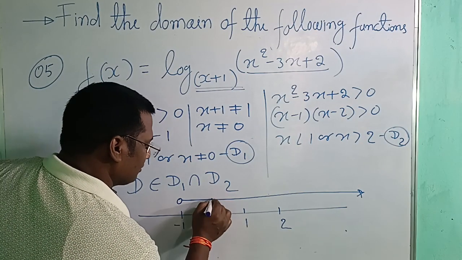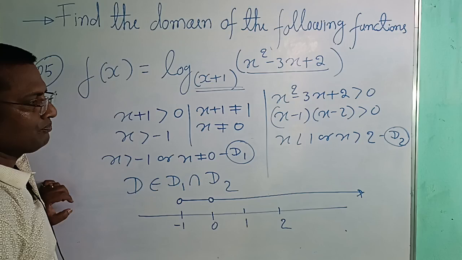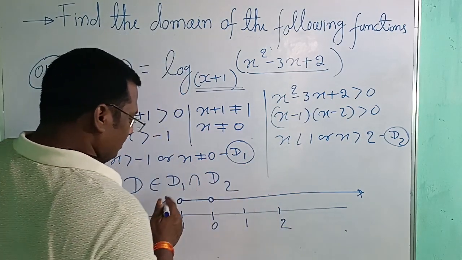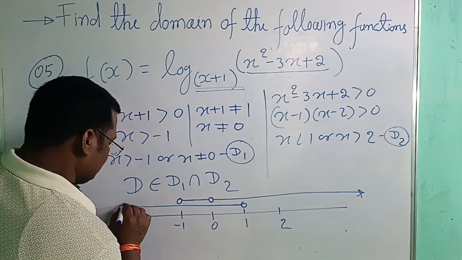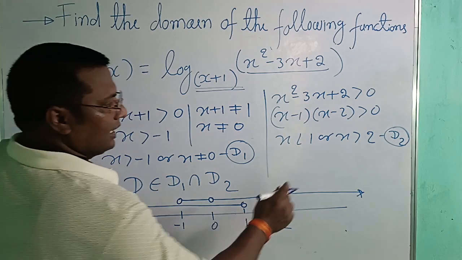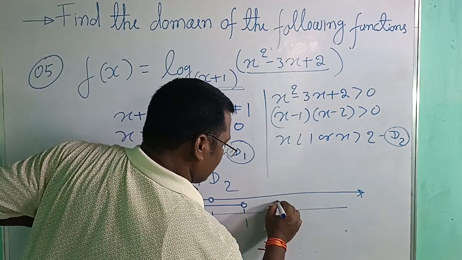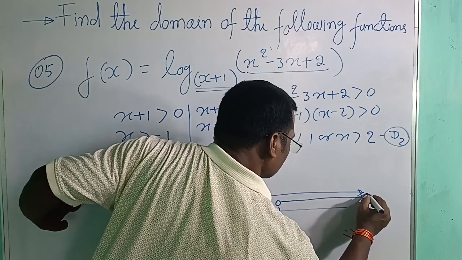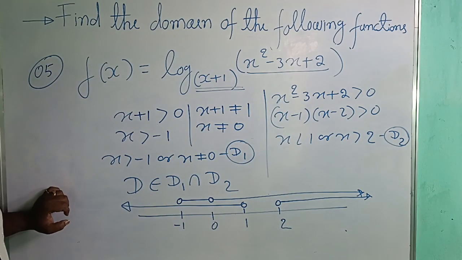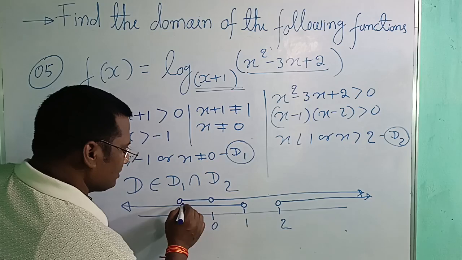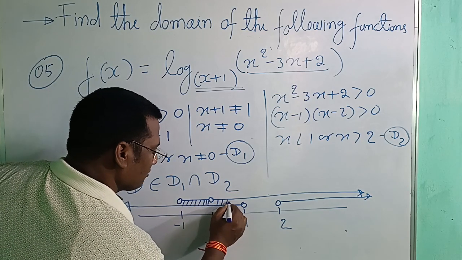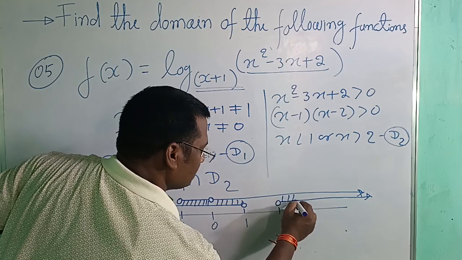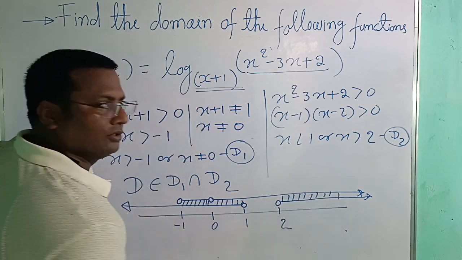Okay. Now x less than 1, this is x less than 1. Now x greater than 2, this is x greater than 2. Okay. Now the common part is this. This is the common part and this is your answer.